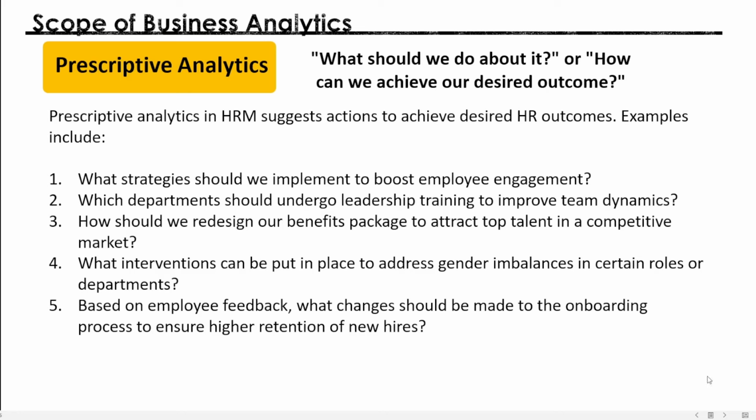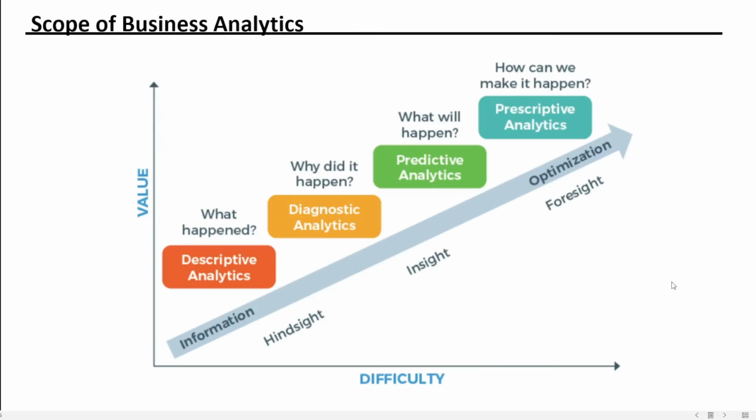Okay? So, alright, let's go back to this diagram. So in summary, while descriptive and diagnostic analytics focus on past data and understanding historical events, predictive and prescriptive analytics are forward-looking, aiming to forecast and influence future outcomes. Okay?